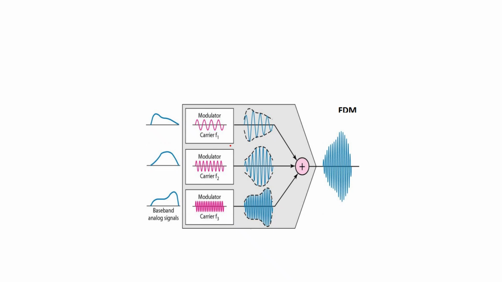The first user has a particular carrier frequency, the second user has a different carrier frequency, and the third user has a different carrier frequency. Whatever the number of users, each user is allocated a different carrier frequency, so that the signal from each user is multiplied by the corresponding carrier frequency, and next the signals are combined. At the output of the modulator, it produces the modulated signals, and all the modulated signals are combined, that is added up, and transmitted through the channel.